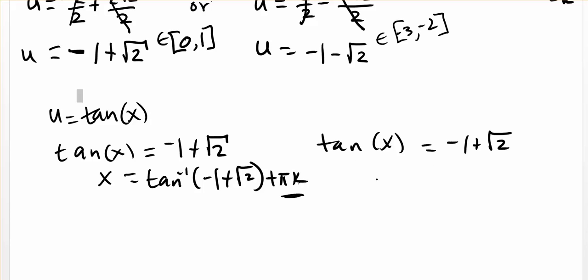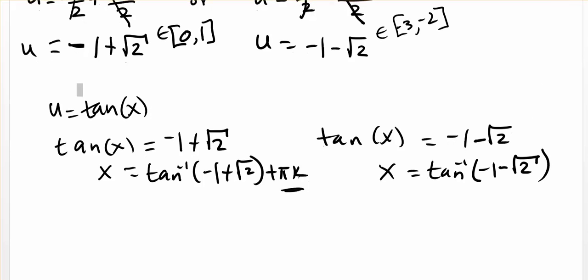And for the other, x is equal to the inverse tan of negative 1 minus the square root of 2, plus pi k.